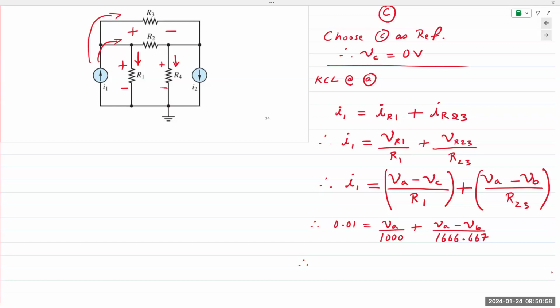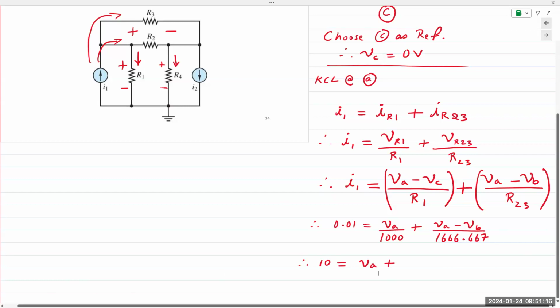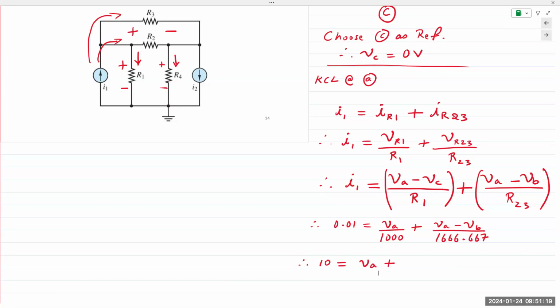So I tend to multiply everything by 1,000. So I get 10 is equal to VA plus 0.599.